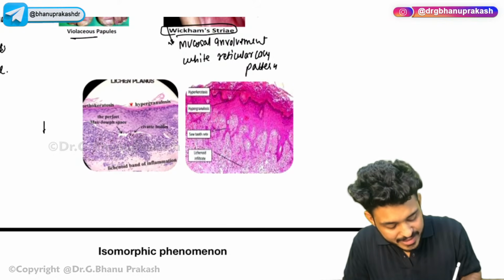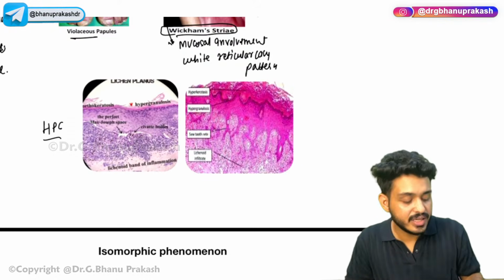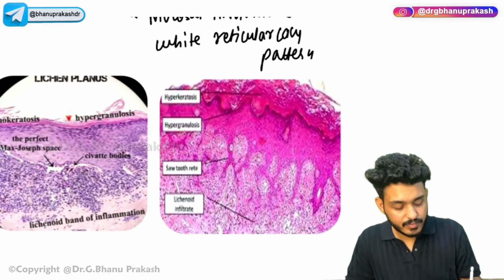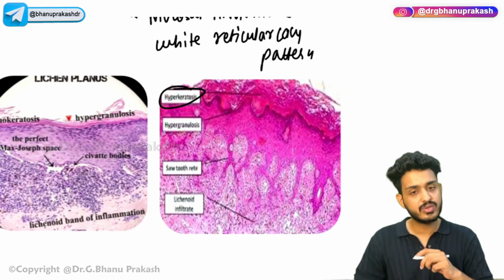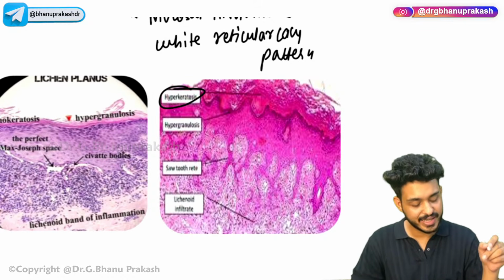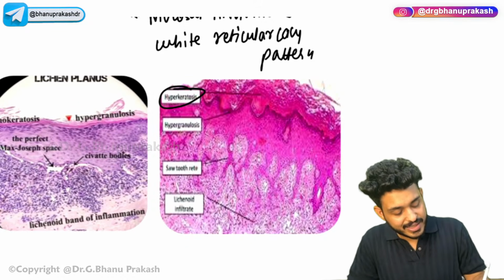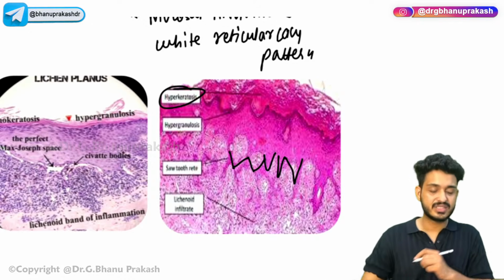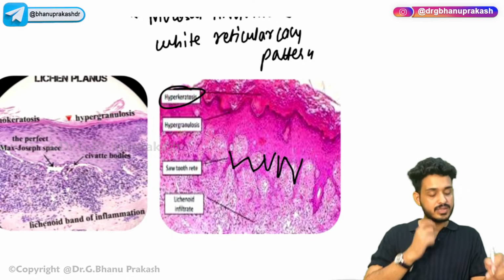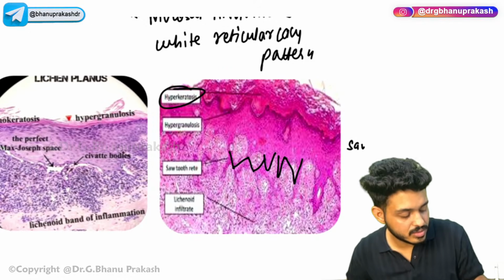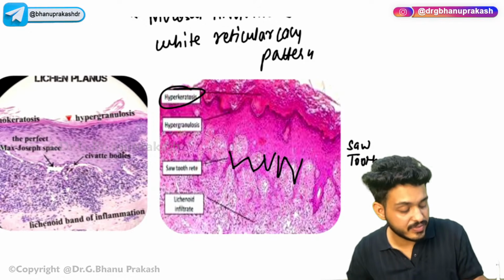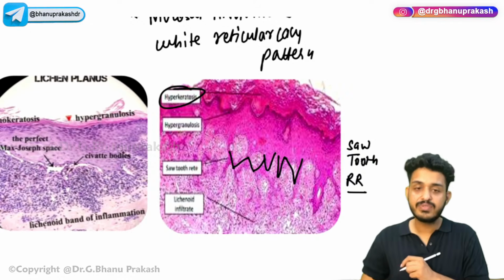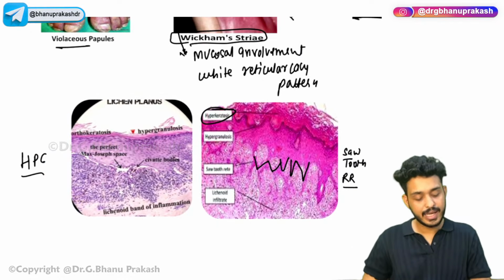Now look at the HPE slide, the histopathological slide. What you are going to see is hyperkeratosis, that is abnormal deposition of keratin. Second, the most important thing is your sawtooth rete ridges. Just look here, you will be having these sawtooth rete ridges. These rete ridges are going just like a sawtooth, and this is a feature of lichen planus.